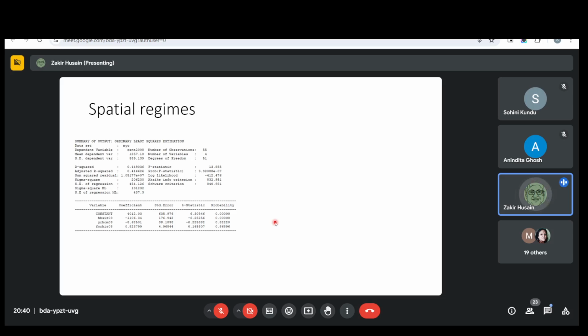So you can see that we get a regression model, and only household size is statistically significant.